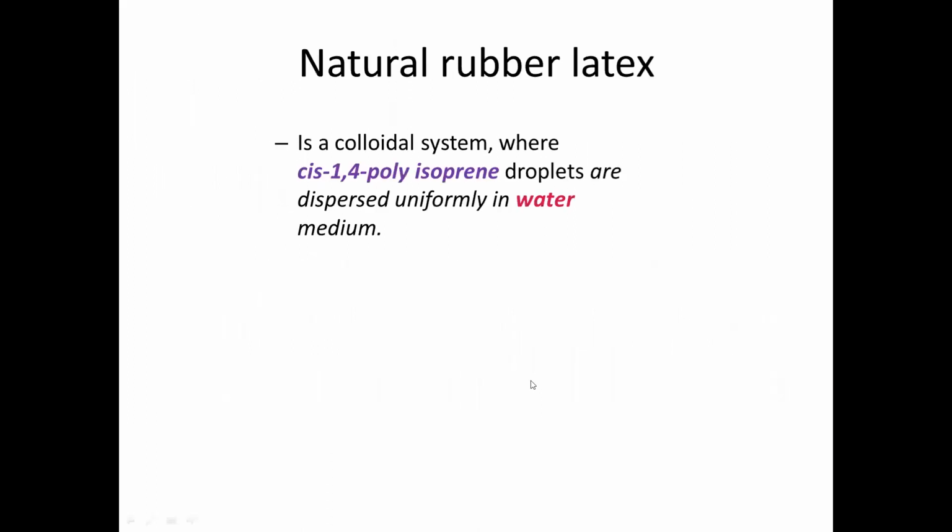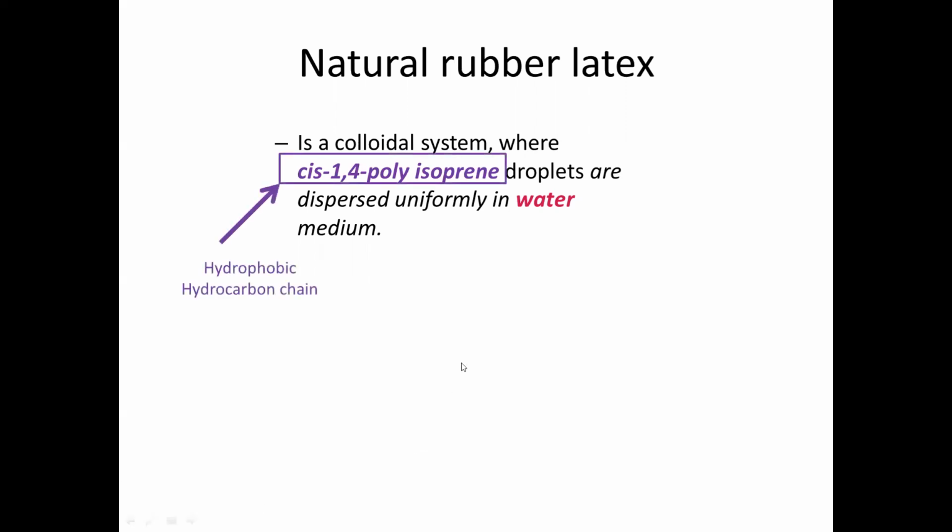Okay, now we'll move on to the topic, natural rubber latex. In natural rubber, we know the polymer is cis-1,4 polyisoprene. So in the latex, you have this cis-1,4 polyisoprene, which is a non-polar polymeric material dispersed uniformly in water medium.